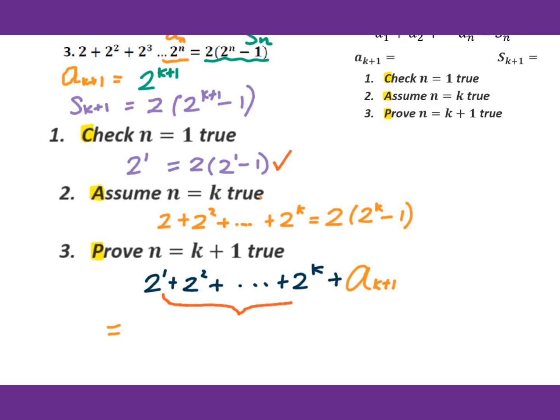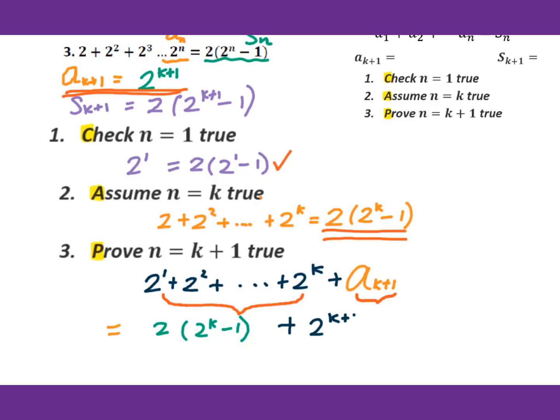This is a given from second step. Plug this in. So we get 2 times 2 to the k minus 1. For a sub k plus 1, we already figured out at the very beginning. Therefore, you need to plug in 2 to the k plus 1.